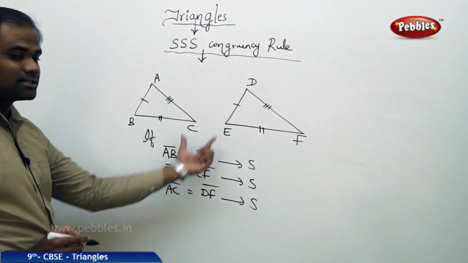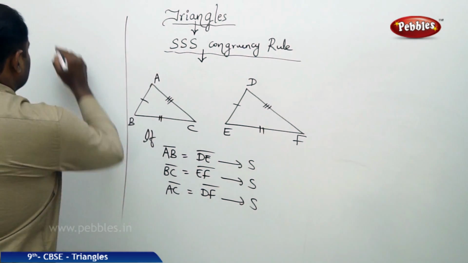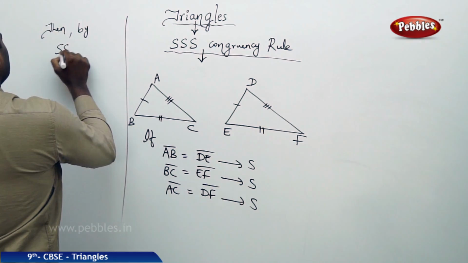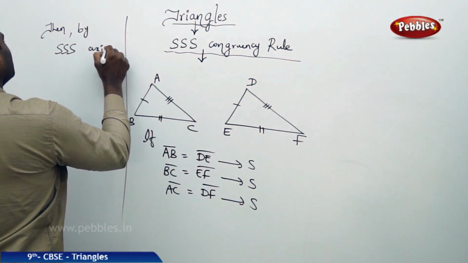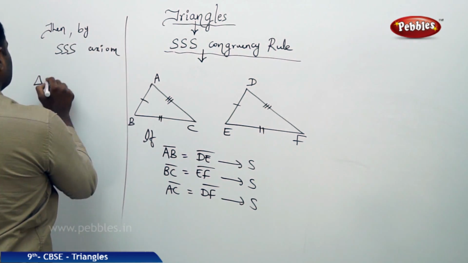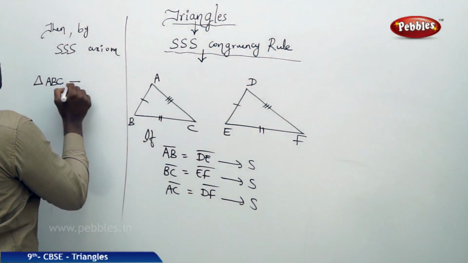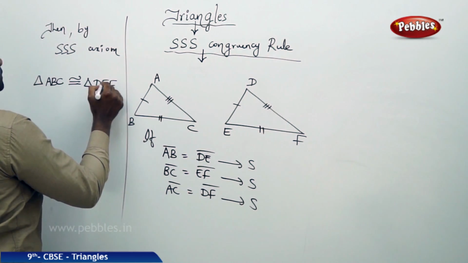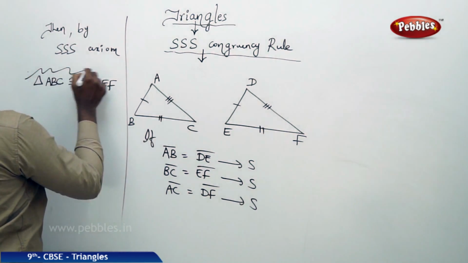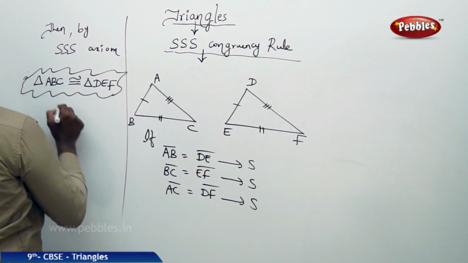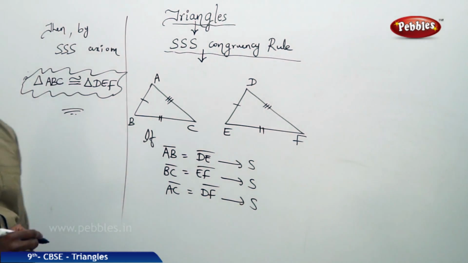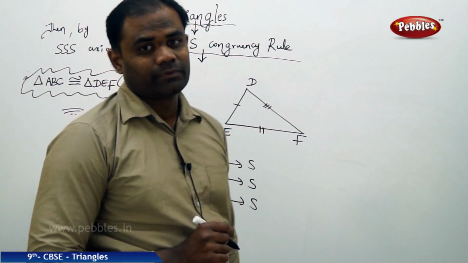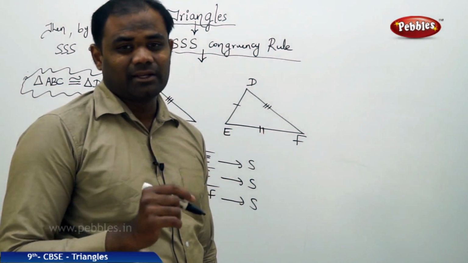So if the corresponding sides are equal, then by the triple S axiom, triangle ABC must be congruent to triangle DEF. Is how I understand the two triangles being congruent through the side axiom.